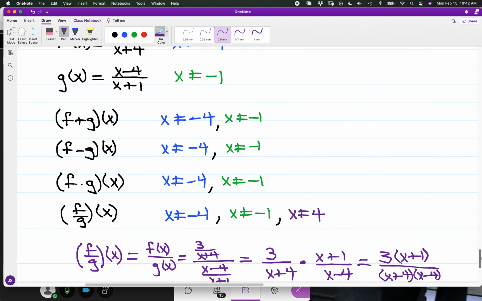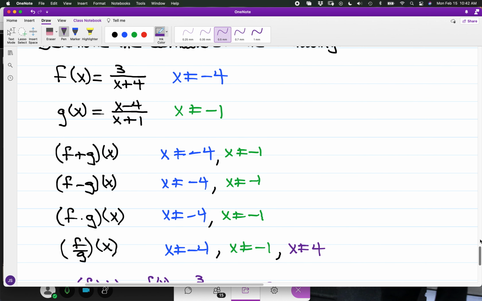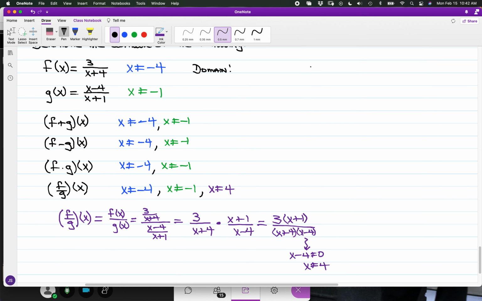And so for the domains, for the domain of f of x, only negative 4 is excluded.